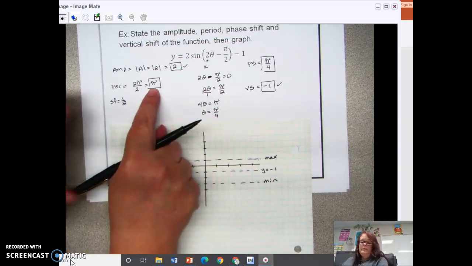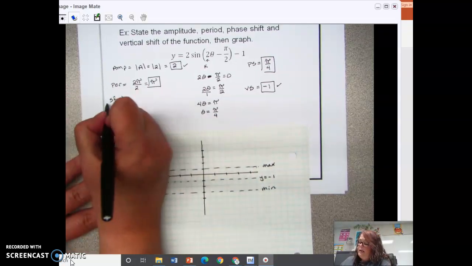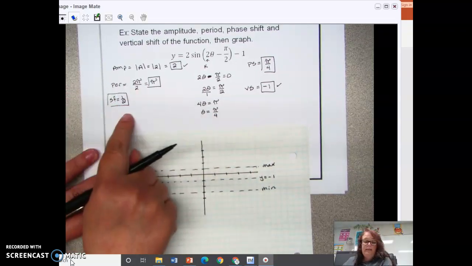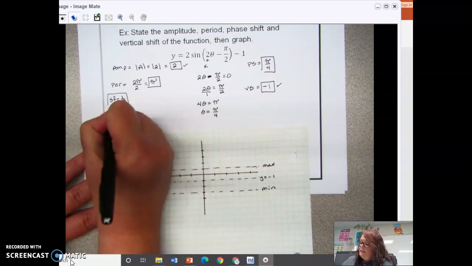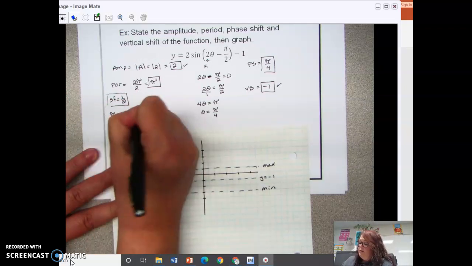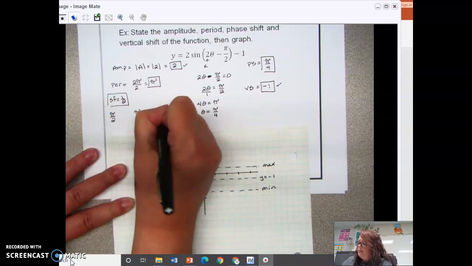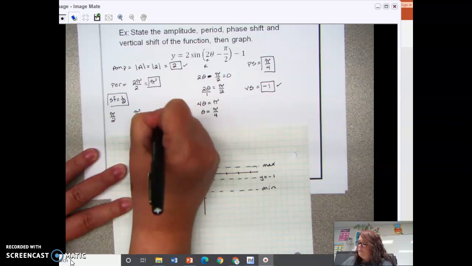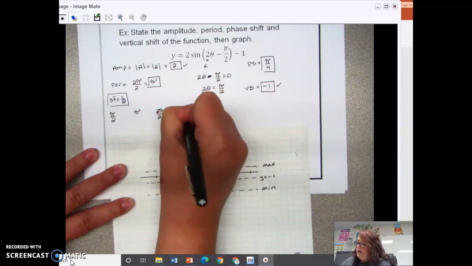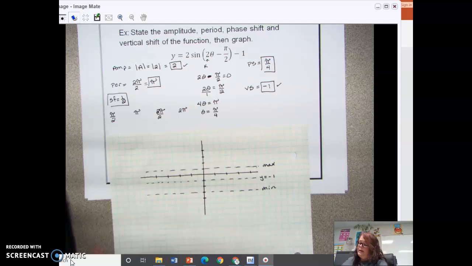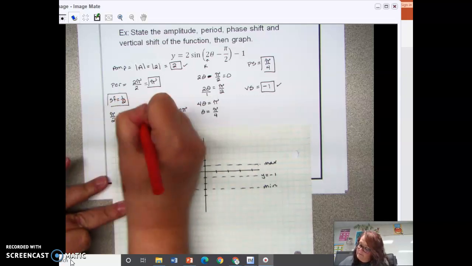Then I have a period of pi, which means that, again, my horizontal scale factor was 1/2. So I'm going to take my pi over 2, my pi, my 3 pi over 2, and my 2 pi, and I'm going to multiply them by that scale factor of 1/2.